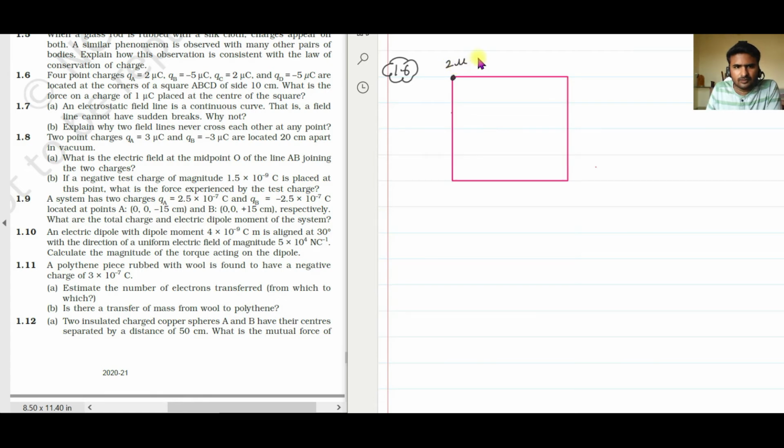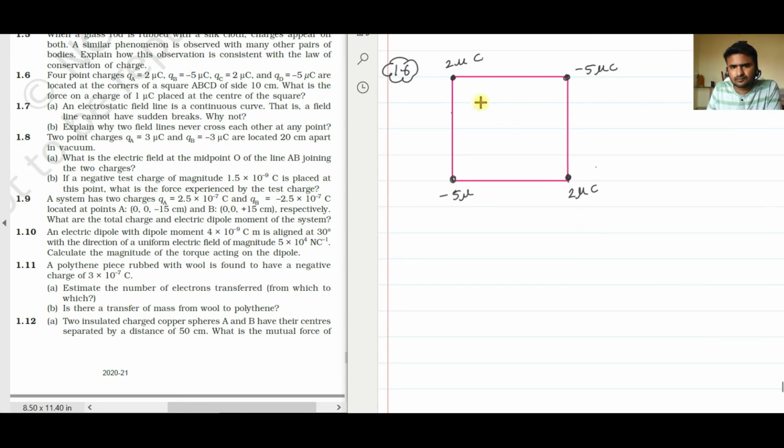2 microcoulomb and minus 5 microcoulomb, and 2 microcoulomb and minus 5 microcoulomb. Now they're asking how much will be the force on the charge which is kept exactly in the middle.